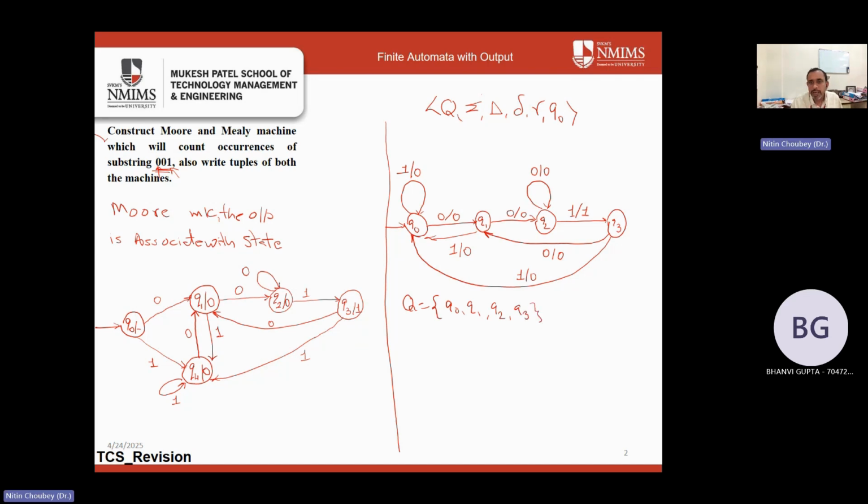This would be our capital Q, the finite set of states. Summation is 0, 1, the finite set of input symbols. Then the set of output symbols. What outputs do we have? We again have 0 and 1 as output, 0 signifying nothing and 1 signifying that we have encountered 0, 0, 1 at once. Then we have delta, lambda, and Q0. Q0 is the initial state.